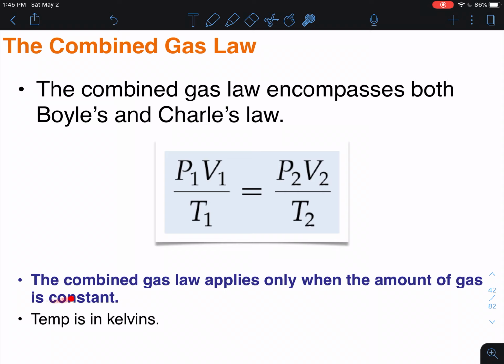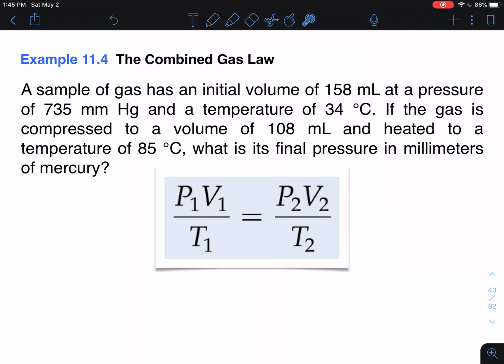The amount of gas is held constant, and just to let you know, temperature T1 and T2 are always in Kelvin.